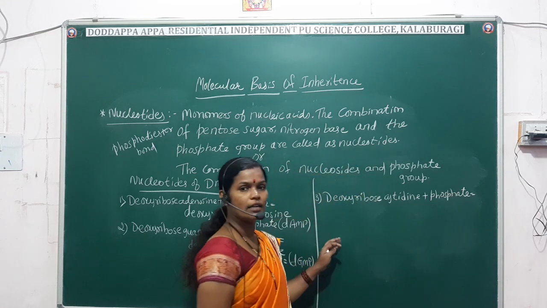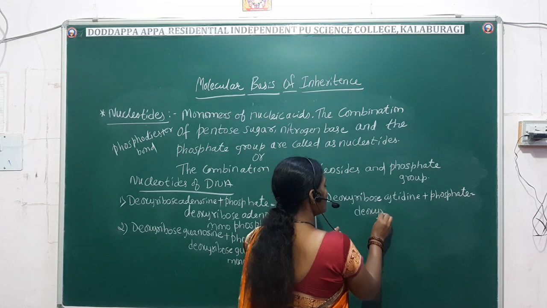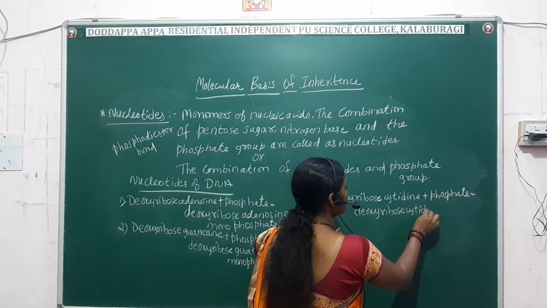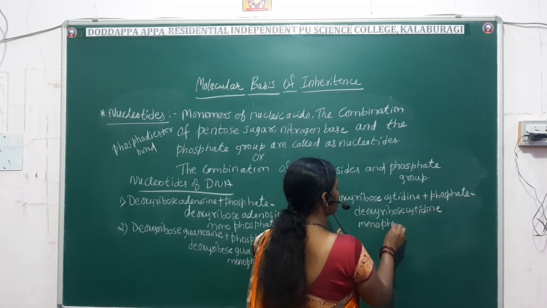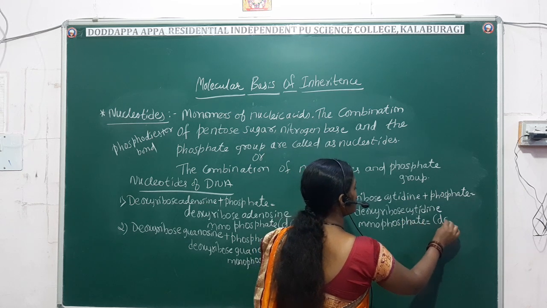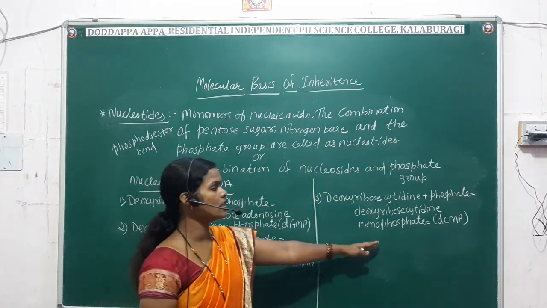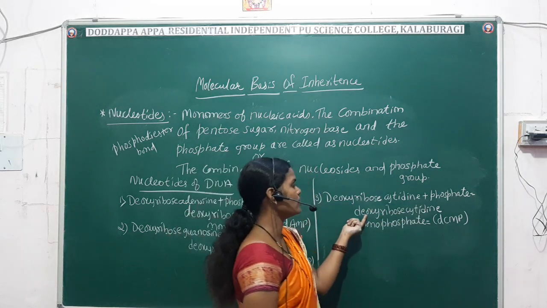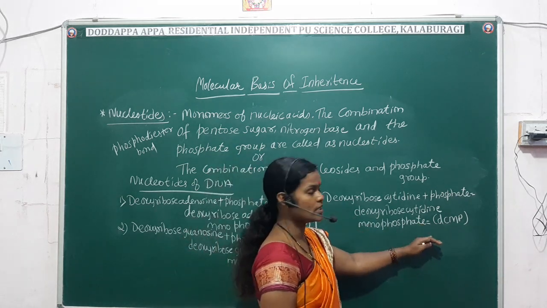Deoxyribose cytidine plus phosphate is forming deoxyribose cytidine monophosphate, which is DCMP. Deoxyribose cytidine plus phosphate is equal to deoxyribose cytidine monophosphate, in the bracket DCMP.